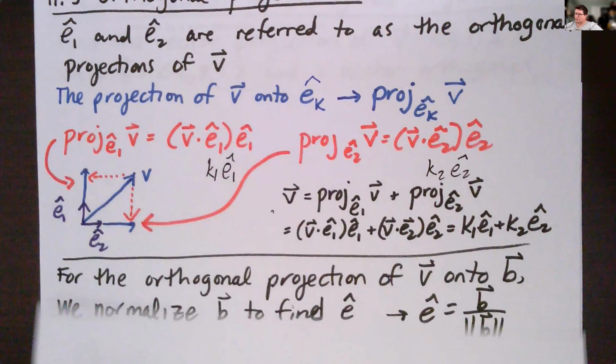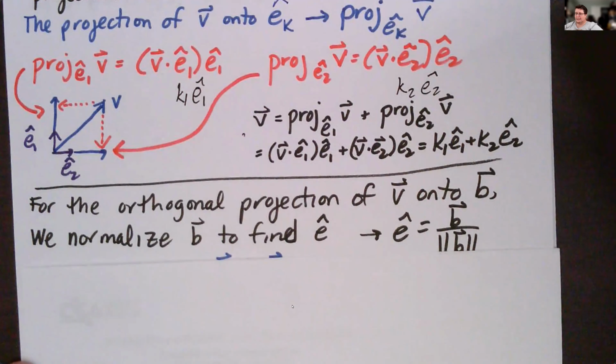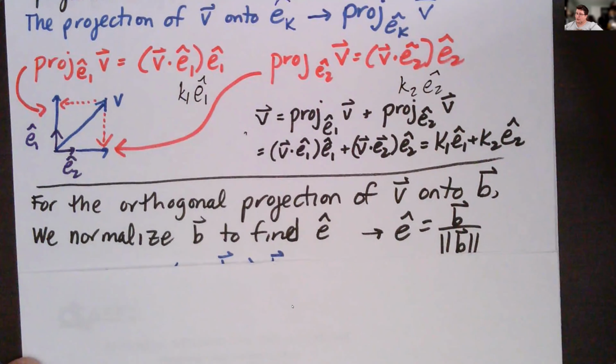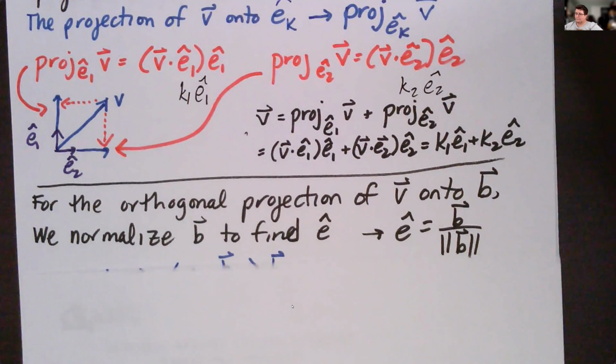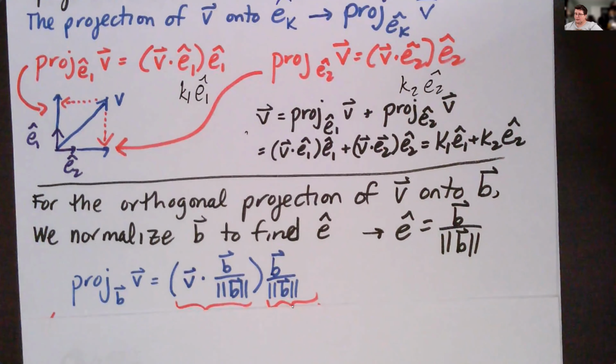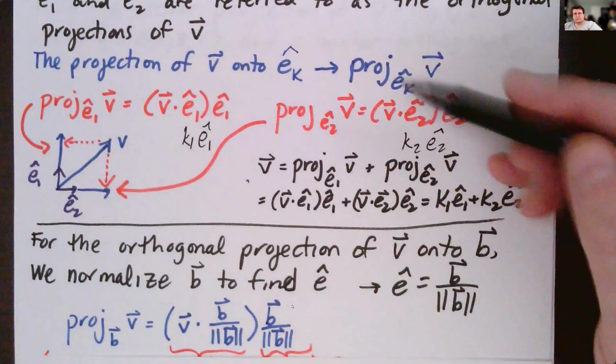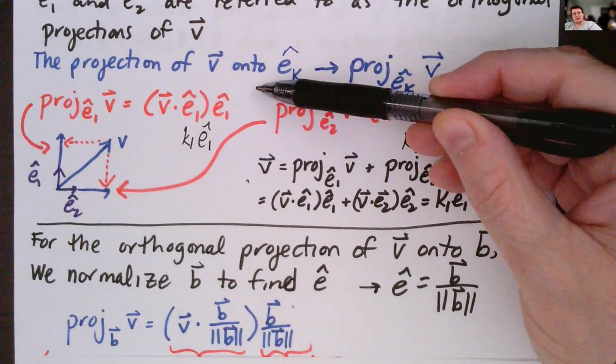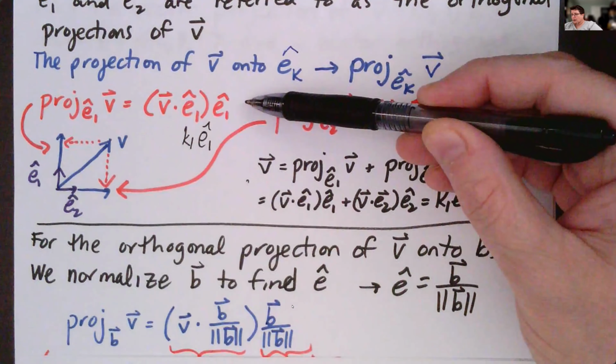So if we want to find the orthogonal projection of V onto B, we need to normalize B to find the E. So E hat is B over the norm of B. And our equation changed from V dot E1 times E1.